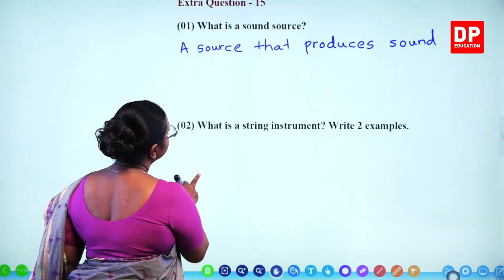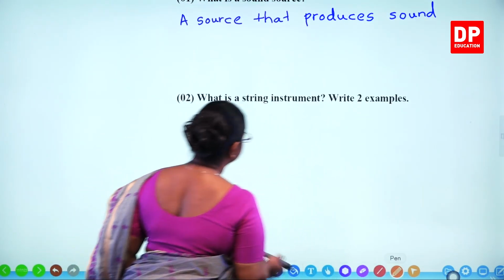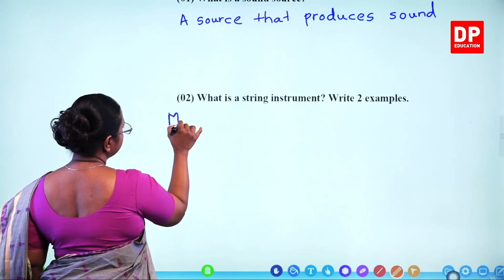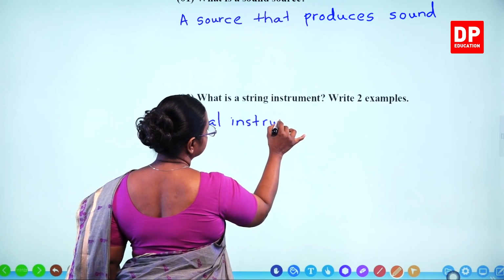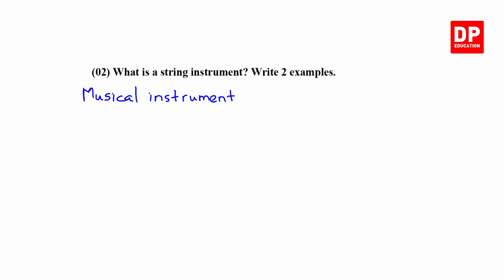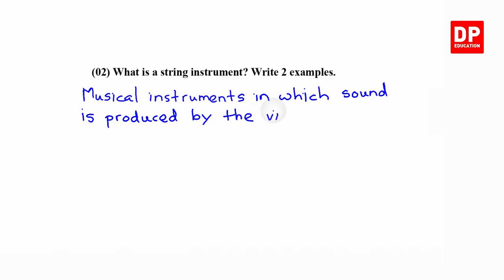So if I write the answer here, musical instruments in which sound is produced by the vibration of strings.